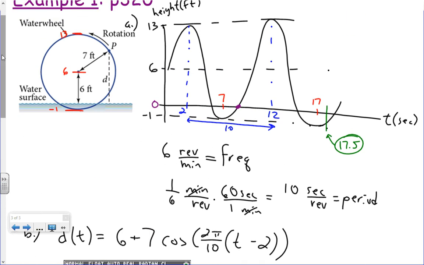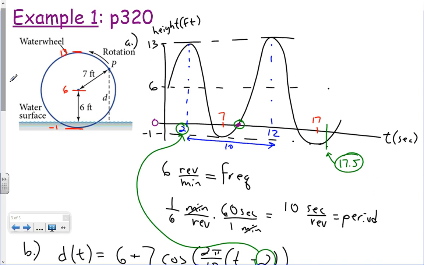If I'm looking for this guy right here, look at your equation and at your phase displacement. My phase displacement is 2, so that tells me that I'm starting n at x equals 2. So this is where n is going to be equal to 0. And if I go forward from there, the solution that I hit right here is the solution that you'll end up with using the positive cosine inverse.